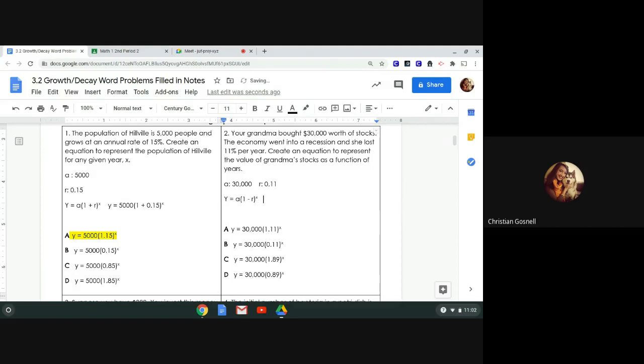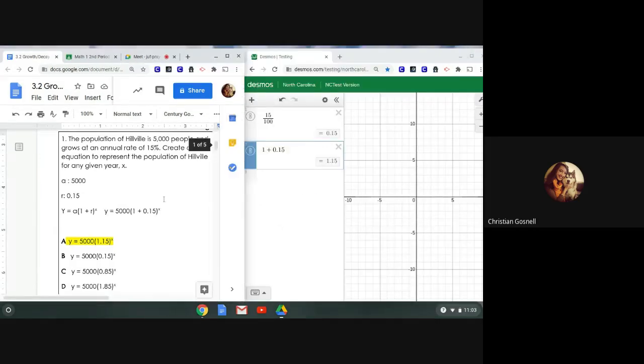Now that I know each of these parts, I take the 30,000 and plug it in for a, and the 0.11 and plug it in for r. So my equation is y equals 30,000 times 1 minus 0.11 to the power of x. None of the answer choices look exactly like that, so we can simplify the b value.